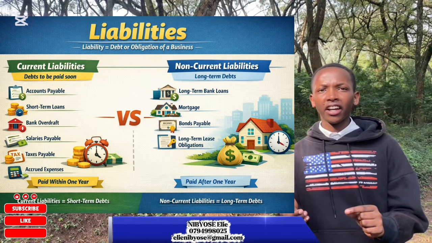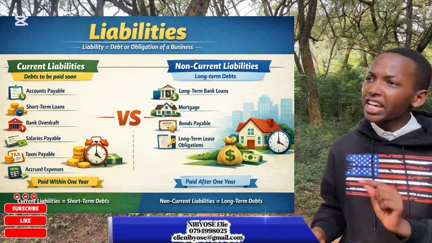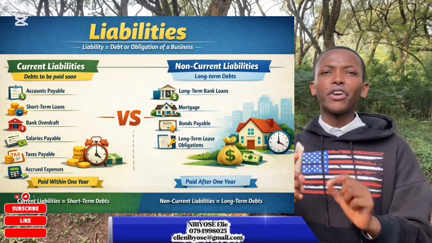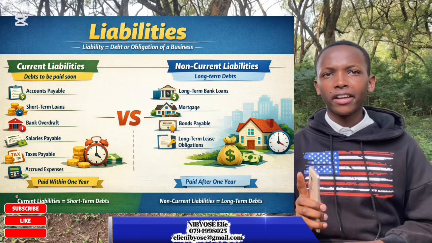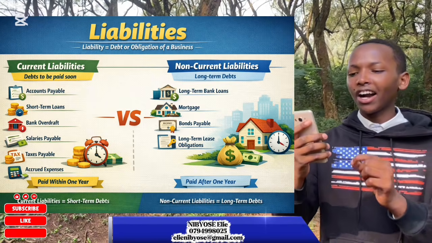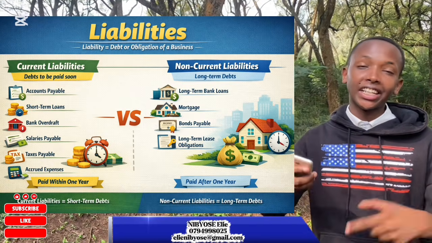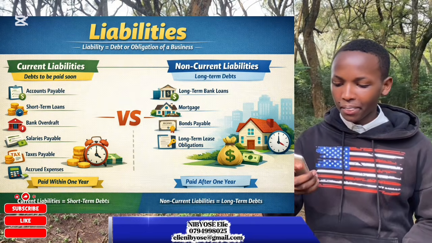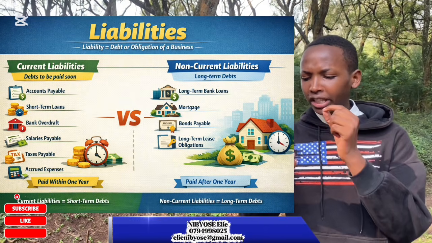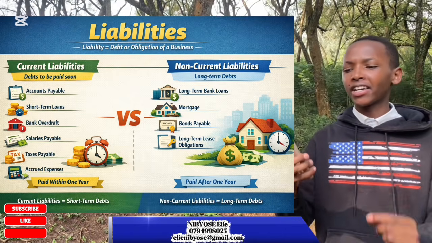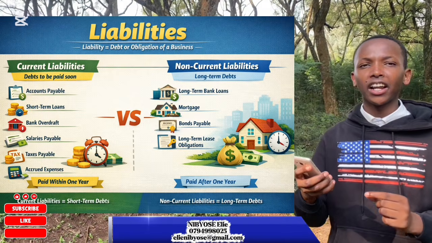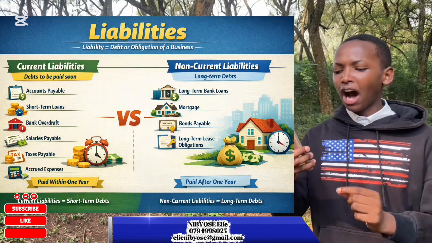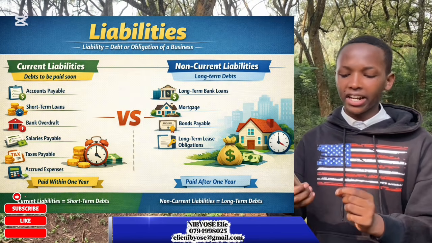Firstly, current liabilities. These are debts that must be paid within 1 year. Examples, we have account payable, that are money owed to supplier. Others are short-term loans, bank overdraft, salaries payable, tax payable, accrued expenses, and others.